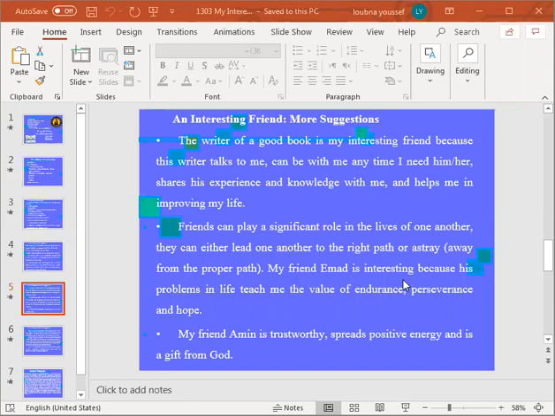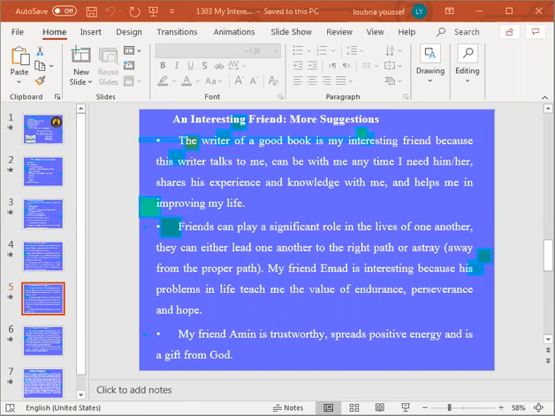All right, he spreads positive energy, meaning he is hopeful, he is one with a good spirit, he is not angry and he doesn't shout and he's not rude. And in the end, he is a gift from God.